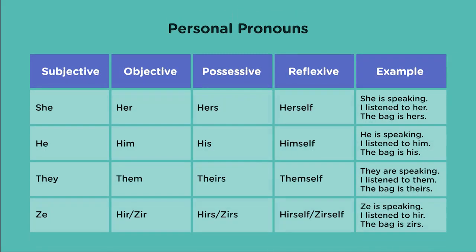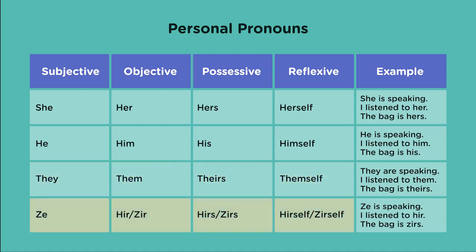This chart refers to 4 common pronouns someone might use. We have she, her, hers, and he, him, his, which you're likely familiar with. Then we have they, them, theirs. This is a bit tricky for some folks to adjust to, using plural pronouns for singular nouns. I promise it's okay.